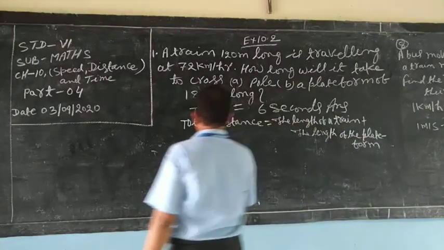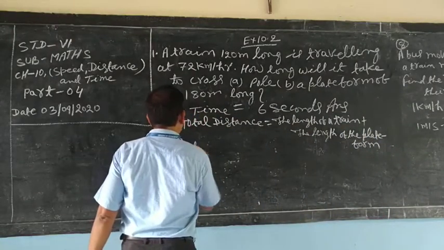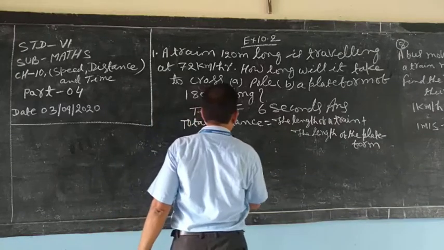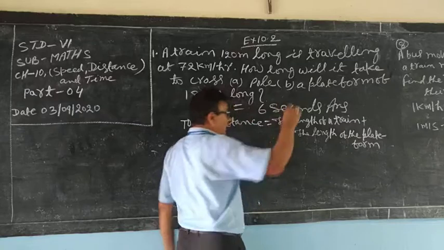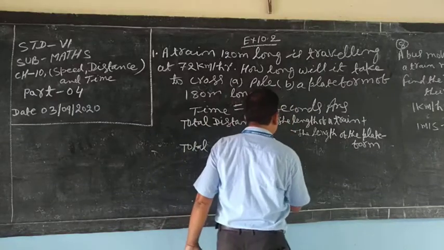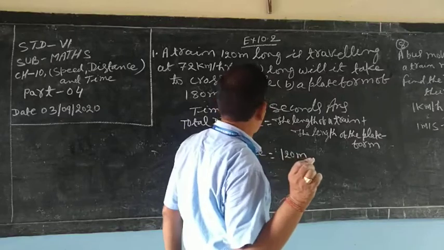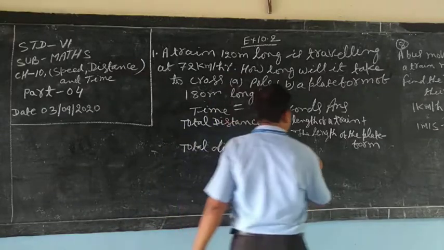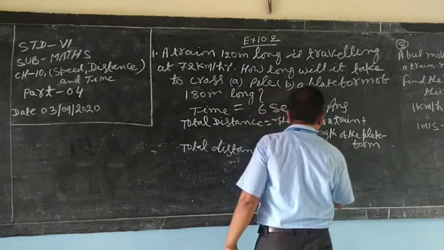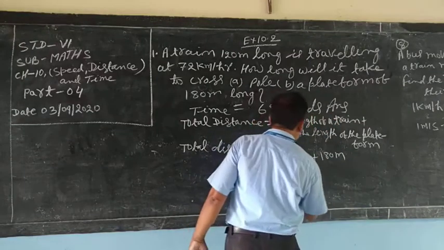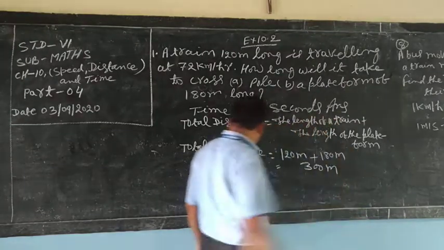Total distance is equal to 120 meter plus 180 meter, that is equal to 300 meter.